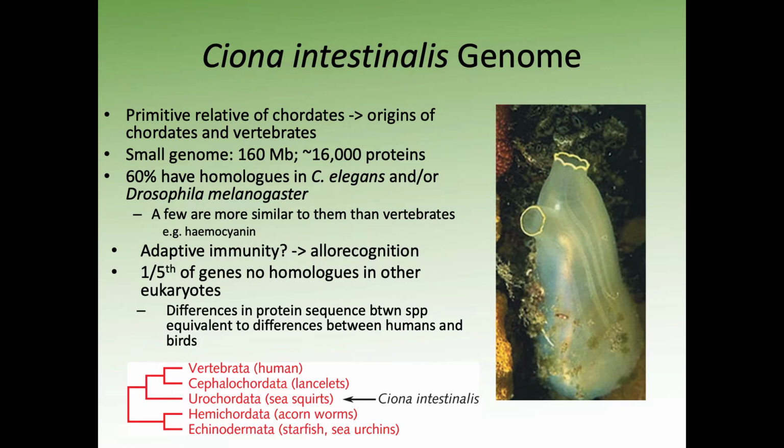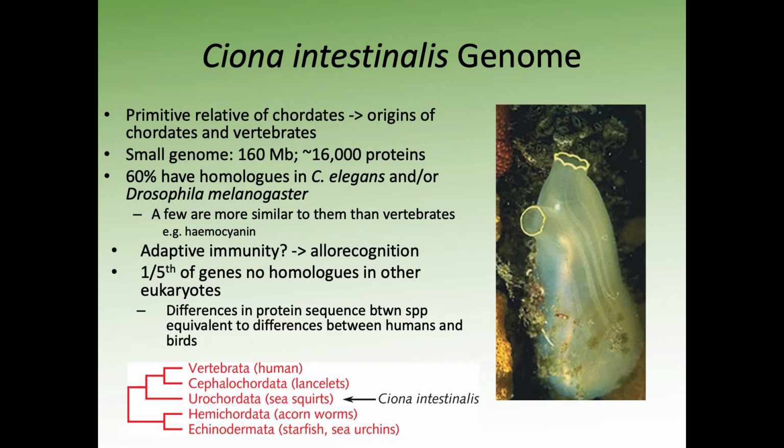About a fifth of their genes have no homologs in other eukaryotes. One really interesting thing in these organisms is that sometimes the differences in protein coding sequences are much greater among species, between various species of Ciona, than we see between humans and, say, birds.